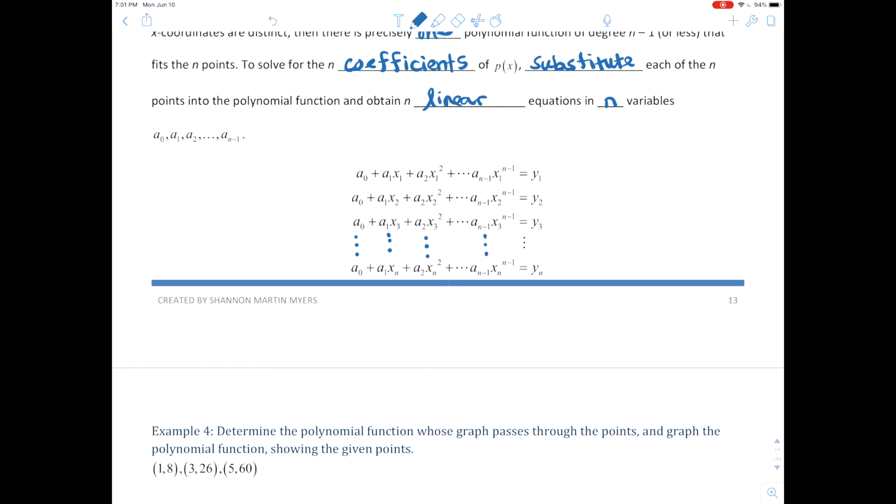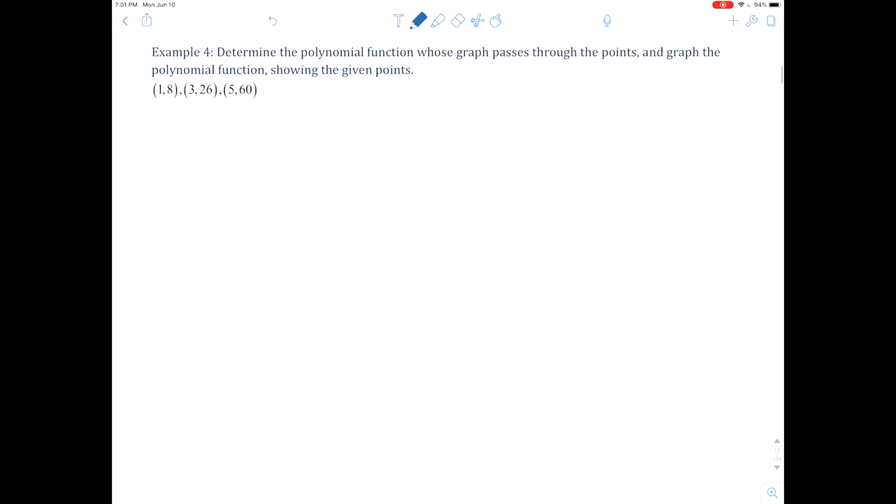So let's check out this next example. Determine the polynomial function whose graph passes through the points and graph the polynomial function showing the given points. So how do we know what our n is? Well, how many ordered pairs do we have? Beautiful, 3. So n equals 3 since we have 3 ordered pairs.